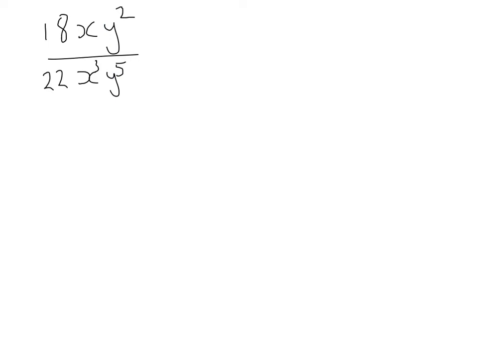And again with this example, we start with the numbers, then the x's, then the y's. So if we treat this as just 18 over 22 and think about how we would simplify that normally, that would become 9 over 11.